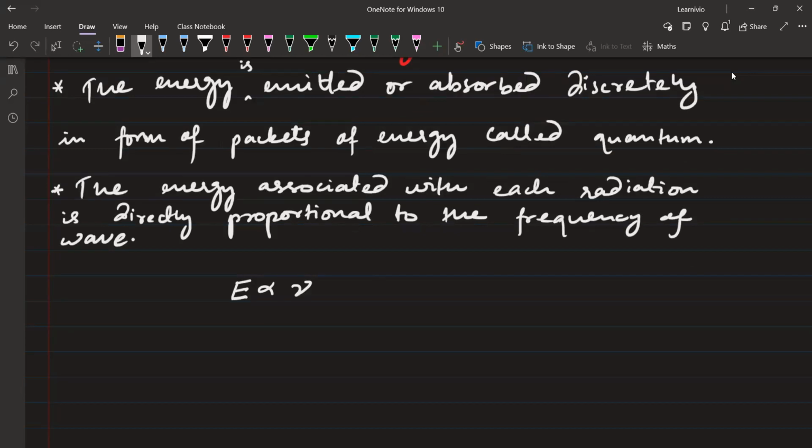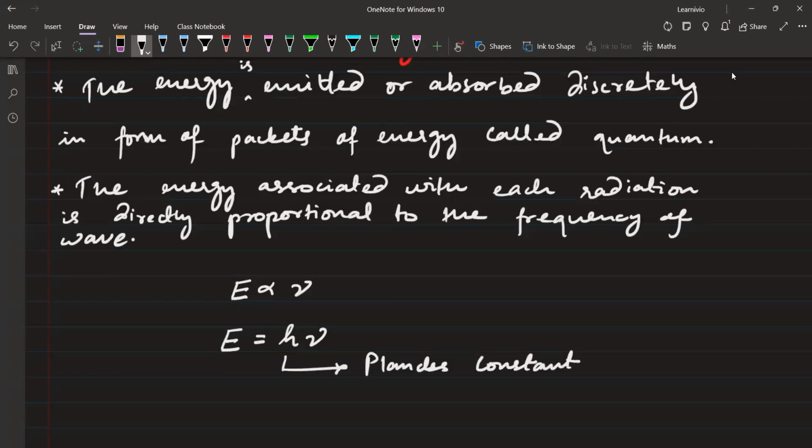And if I remove the proportionality sign, then I have to put a proportionality constant, that is h, and h is known as Planck's constant because Planck gave it. h क्या आपके पास? This is Planck's constant. The value of Planck's constant is equal to 6.626 into 10 to the power minus 34 joule second.